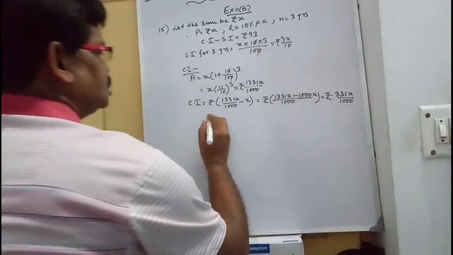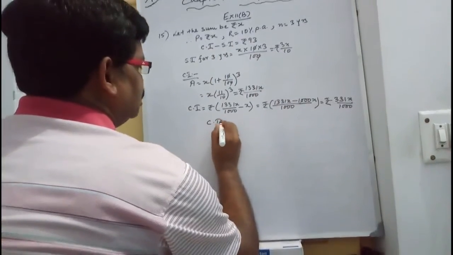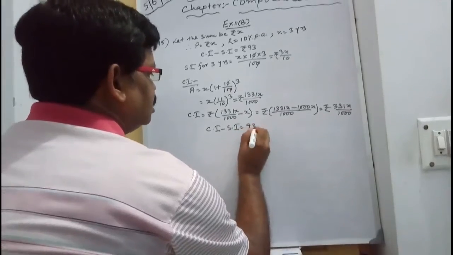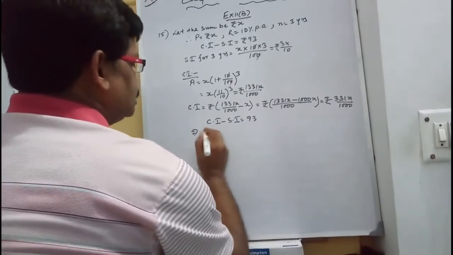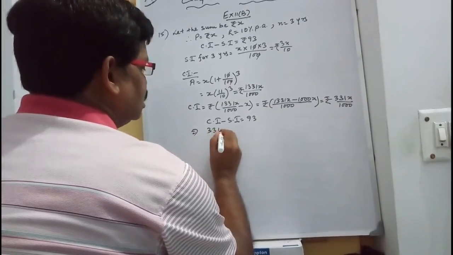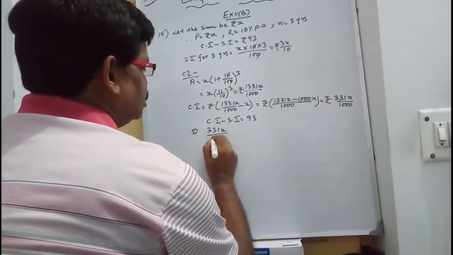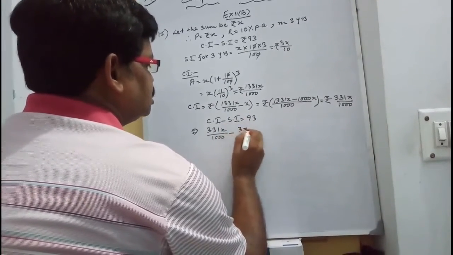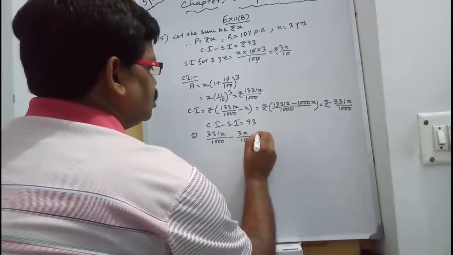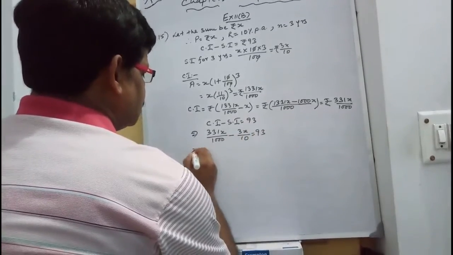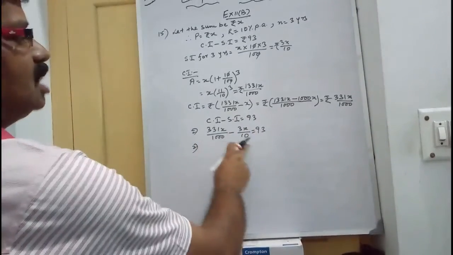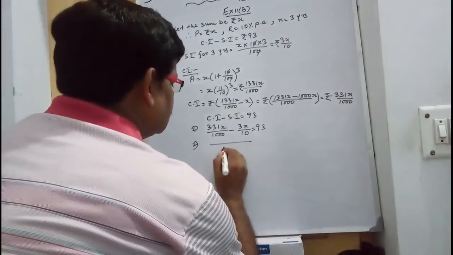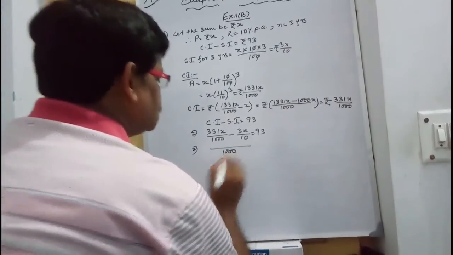Now compound interest is this one, simple interest is this one. So the difference, CI minus SI equal to 93. CI 331x by 1000 minus 3x by 10 equal to 93. Next, you take the LCM of 1000 and 10, which is equal to 1000.